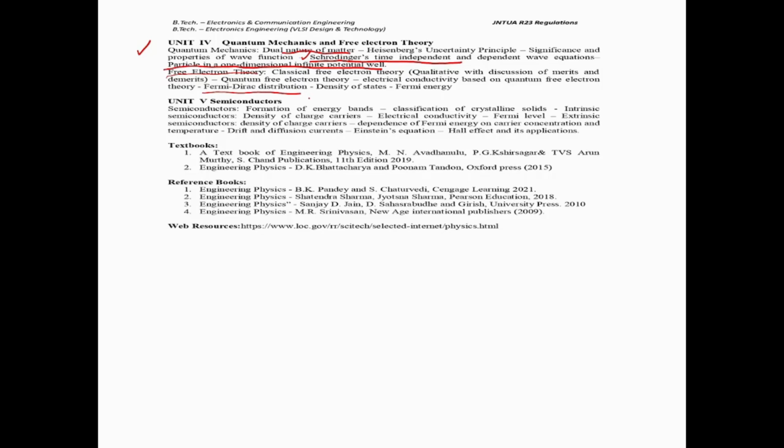The second important question is the classical theory of free electron, and these two are very important in the second part. The third important question is the quantum theory of free electron. If you focus on these topics as I have told you, then definitely there is a possibility to get good marks in the university end examination.